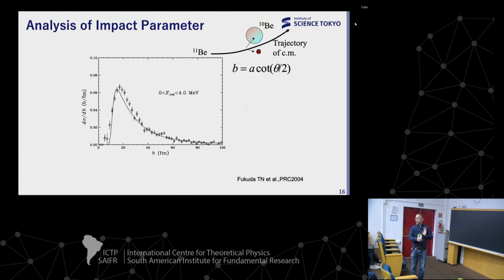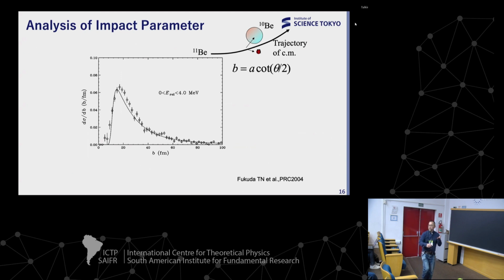Why did we select angles? Actually, the selection of angles corresponds to the selection of impact parameter. This is because the Coulomb breakup process is like a Rutherford scattering, but with a little bit of an inelastic channel, meaning that barium comes like this, and this trajectory is nothing but a Rutherford trajectory, but it breaks up into barium-10 and a neutron.